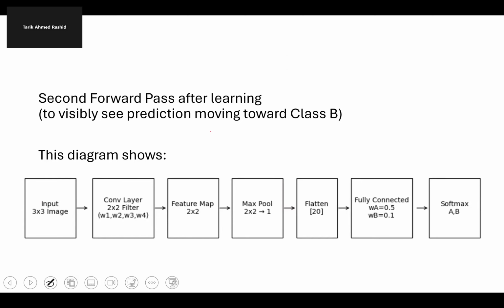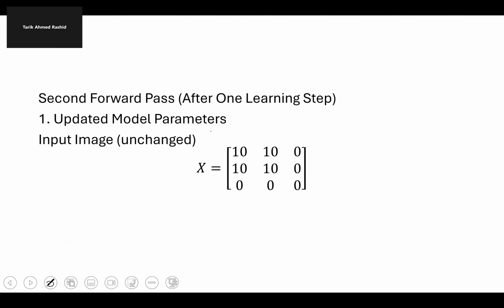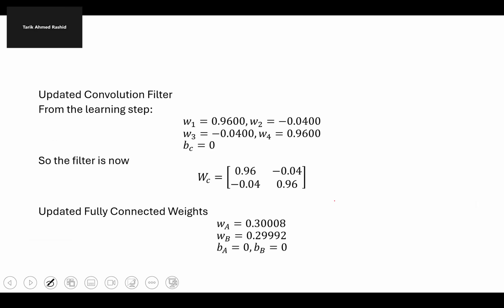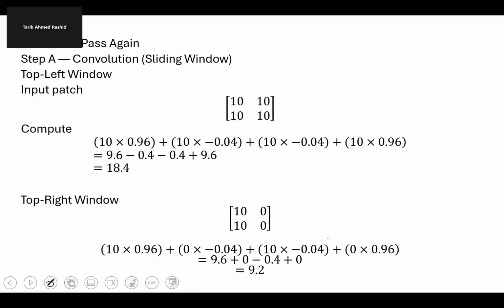Now, if we want to go for second forward pass after learning, we can do that. Again, we have the image and weights are updated now, and weights at the convolution also updated, and weights at the output layer updated. So these are the results updated that we have.